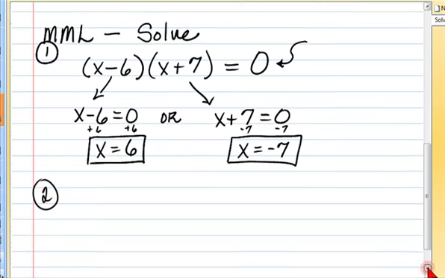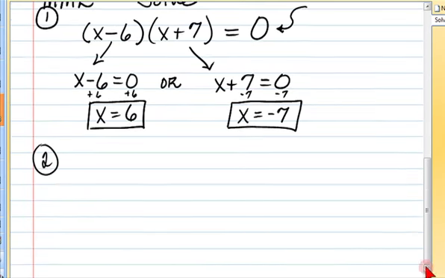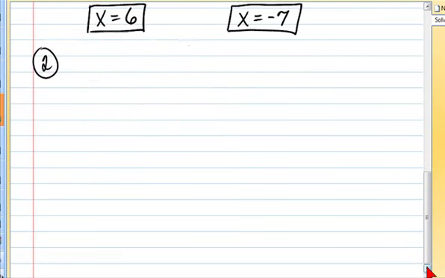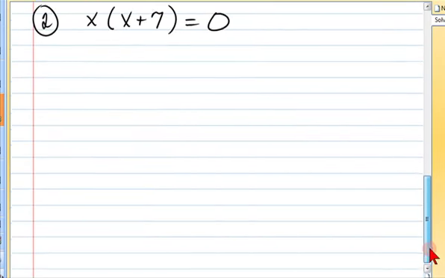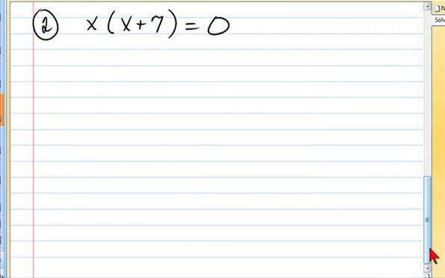Problem number 2. I have x times x plus 7 is equal to 0. Now, the left-hand side is already factored for us.